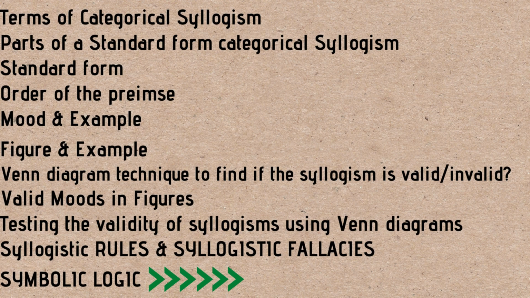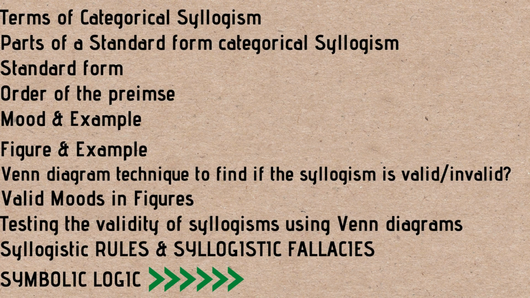We also saw figure 1, figure 2, figure 3, figure 4. Figure 1 consists of MP, SM, and SP, figure 2 has PM, SM, and SP, figure 3 has MP, MS, SP, and figure 4 has PM, MS, and SP. M means middle term, P means predicate, and S means subject.